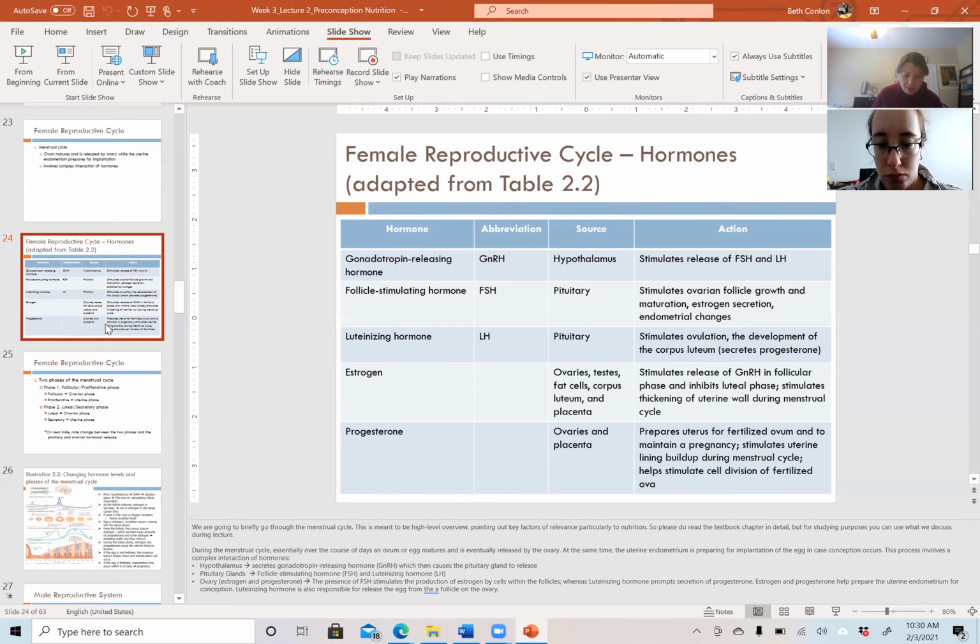It's also responsible for estrogen secretion and endometrial changes characteristic of the first portion of the menstrual cycle, and I think I have the male reproductive system in a chart a few slides down, but it also stimulates sperm production in males.